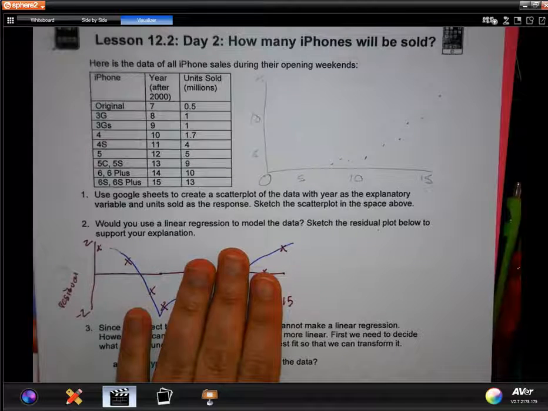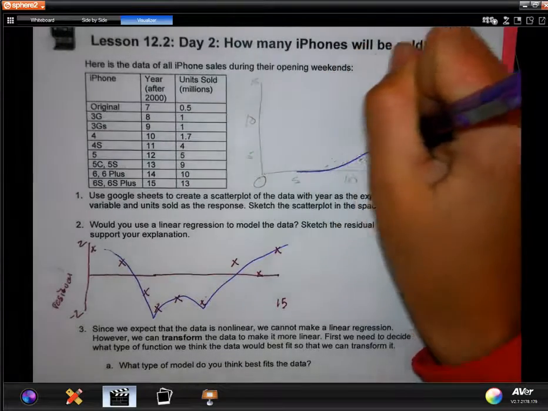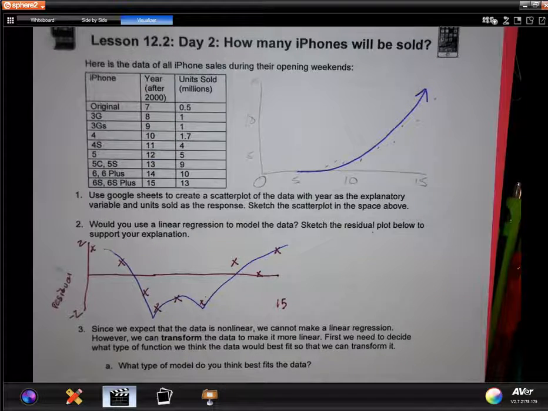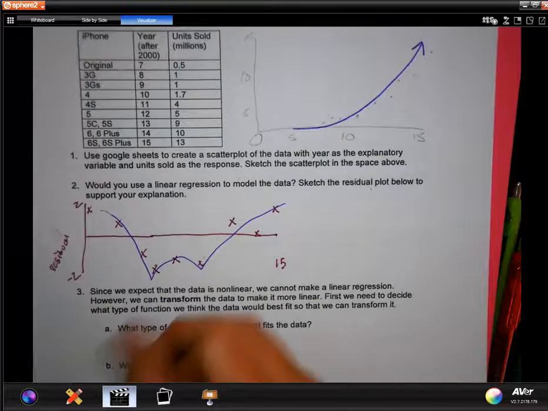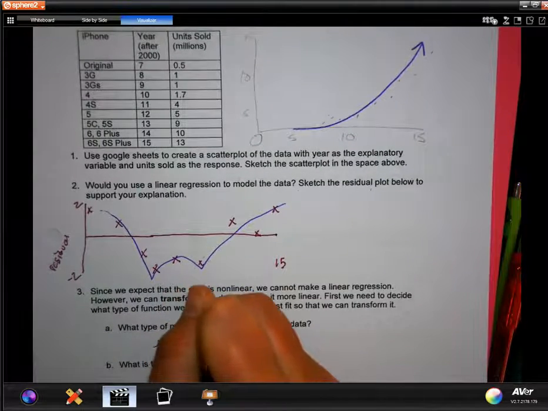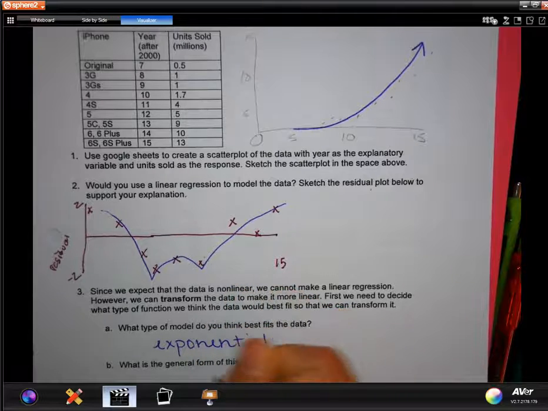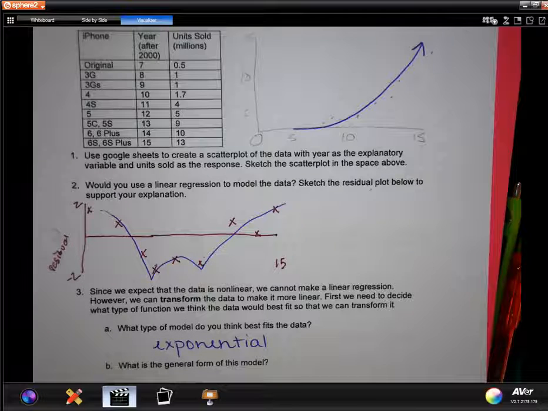What function? Exponential. Thanks, Trent. Exponential. I thought we were going more in depth.